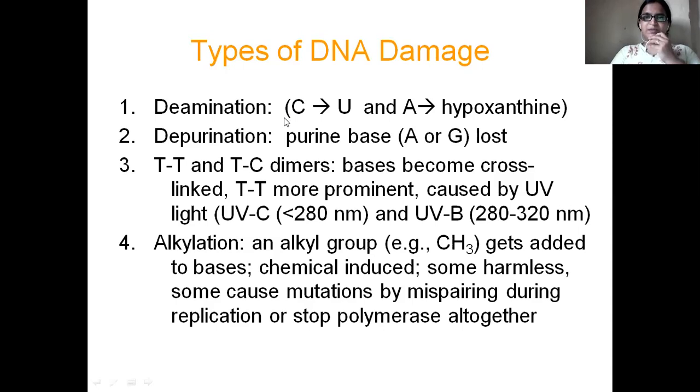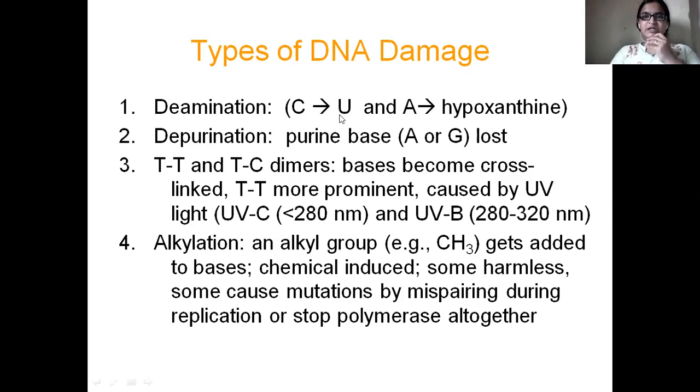By removal of amino group, if you look at the structure of nitrogen bases, the only difference between cytosine and uracil is the extra amino group which is present in the cytosine. So when this amino group is removed from the cytosine, it can convert it into uracil. Same way, from adenine, if we remove an amino group, it can convert into another base called hypoxanthine.